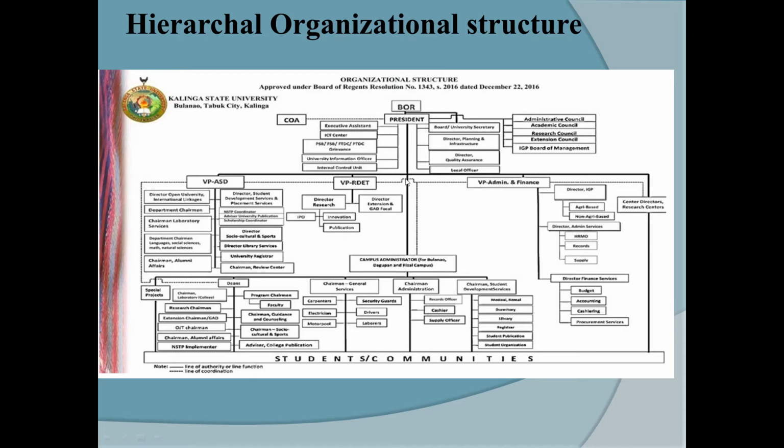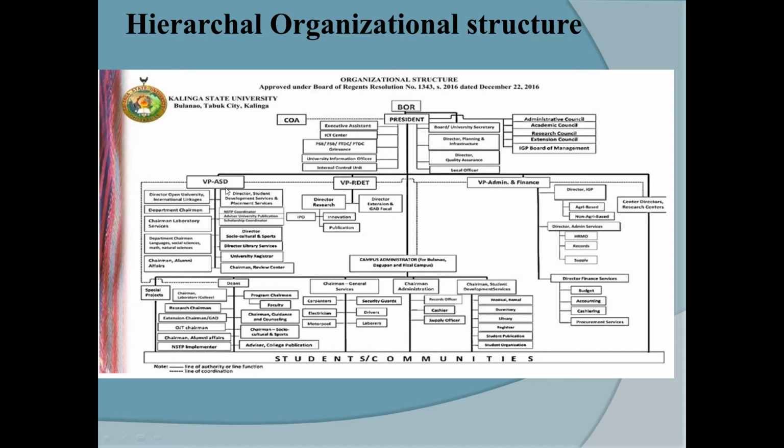And going down, we have three vice presidents: for research, development, extension, and training; admin and finance; as well as academics and student development. Under their umbrella, they have their corresponding directors.